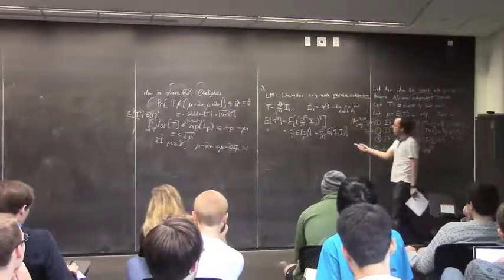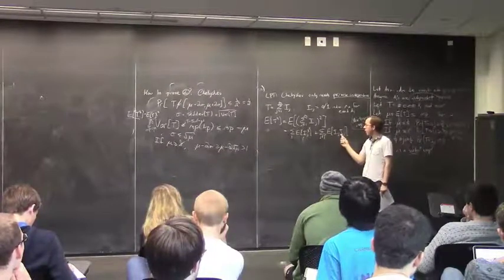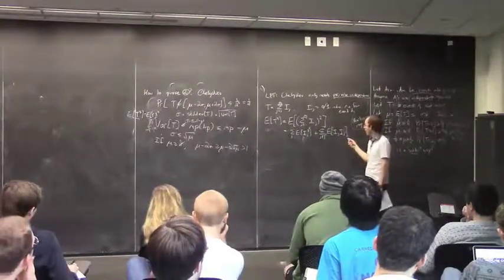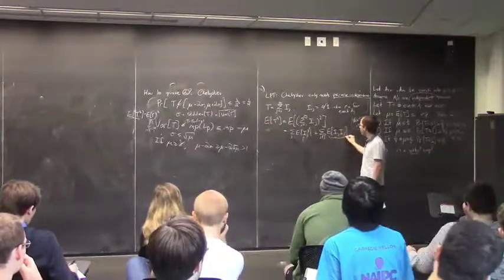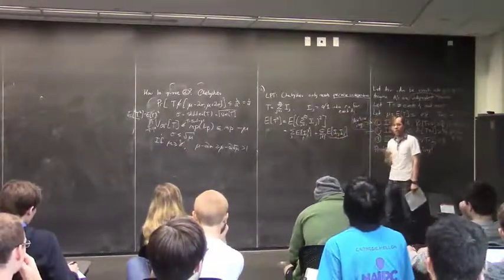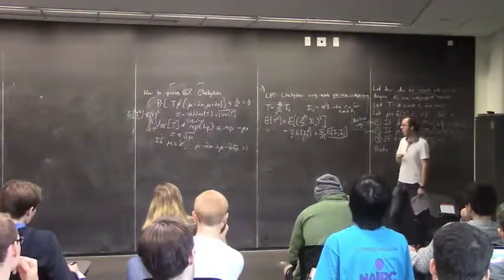Now how can we handle this? This is 1 if and only if both A_j and A_j prime occur. So that's one way to look at it. But another way is, if you have the expectation of a product, it's not always the same as the product of the expectations. But that's true if the random variables are independent.